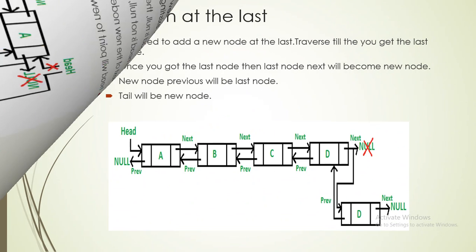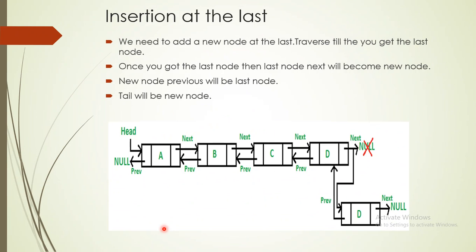Now let us see the insertion at the last case. I am already having a doubly linked list and I need to insert the node at the end. So I will traverse till I get the last node in the doubly linked list, and once I get the last node, its next I will make point to the new node, and in the new node's previous, I will make it point to the pointer which I have, that is the current.